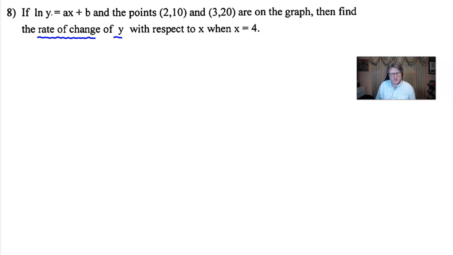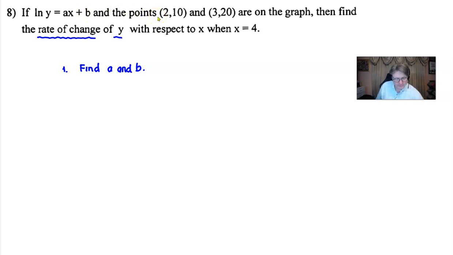So here's what you're going to want to think about doing. I want you to find a and b before anything else transpires. Now you might wonder, well, how do I find a and b? Well, think about it. You have an equation here with two variables. However, you could also think of this as having four variables if you include the x and the y.